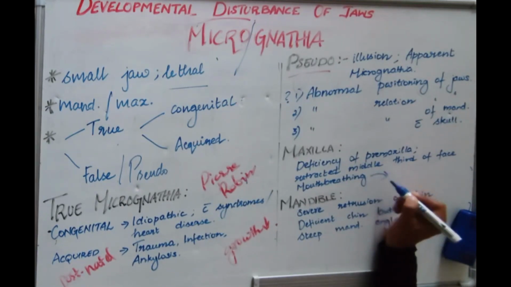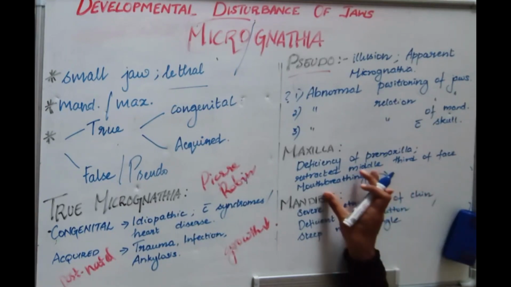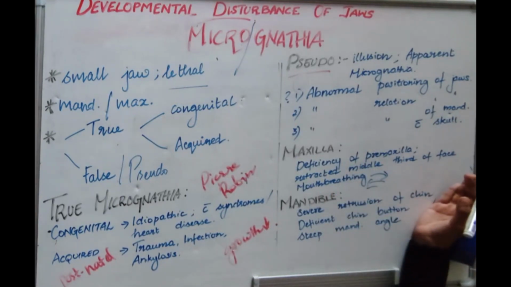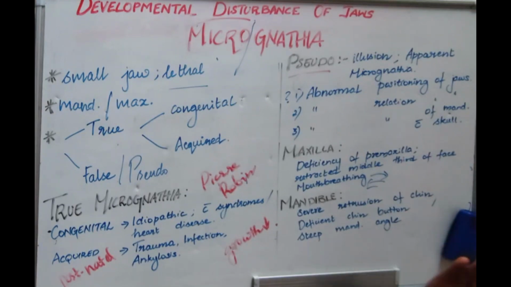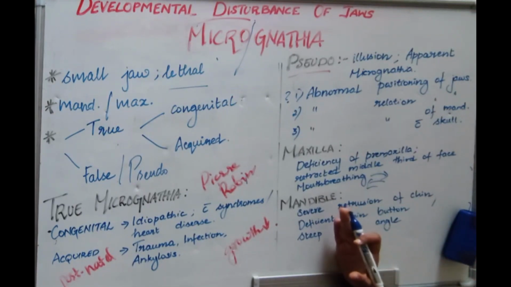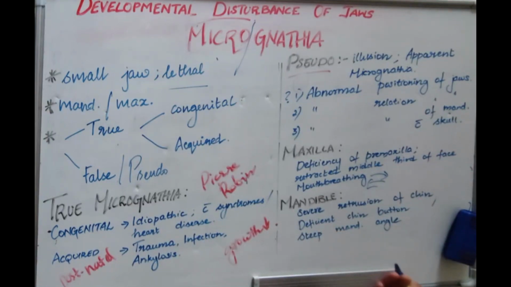So there are two opinions. As micrognathia develops, the patient will eventually develop mouth breathing, and there can also be effects in the nasal and pharyngeal structures.